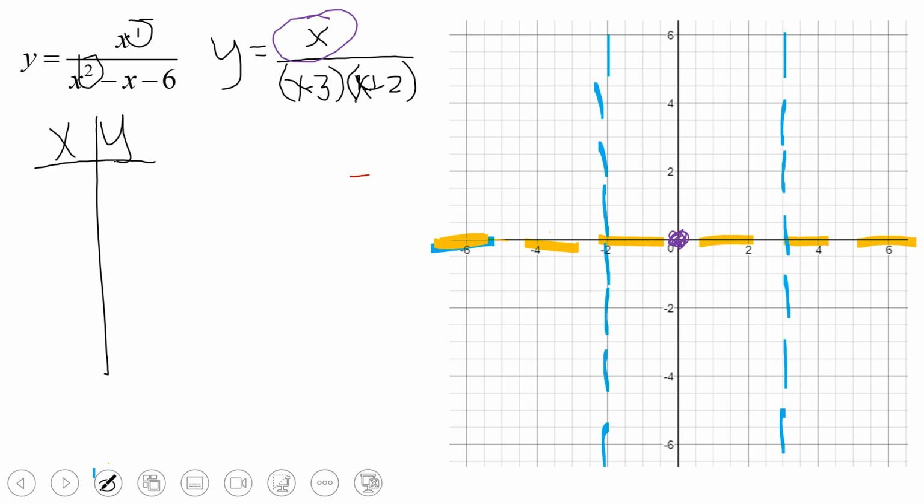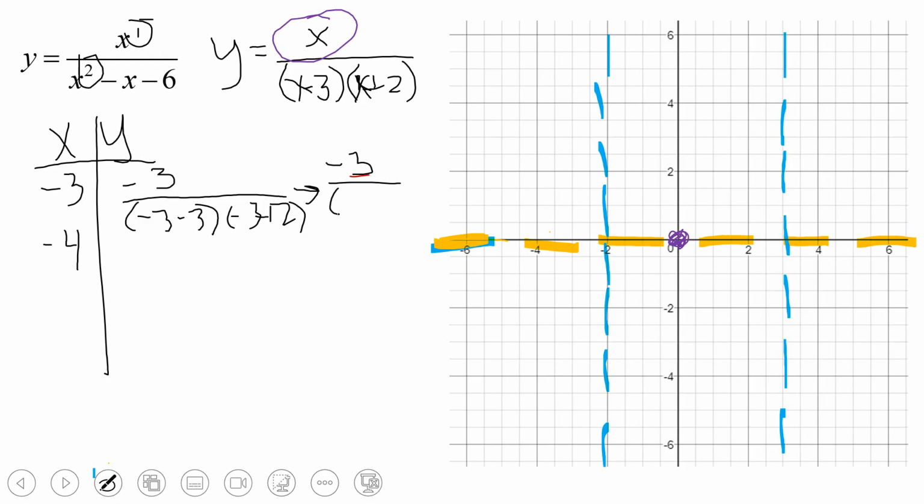I'm going to start with going off to the far left. So I know I can't choose -2 because that's the vertical asymptote, but let's choose -3 and let's choose -4. So I'm going to plug it in here. I have -3 divided by -3 minus 3 and -3 plus 2. That gives me -3 over -6 times -1.